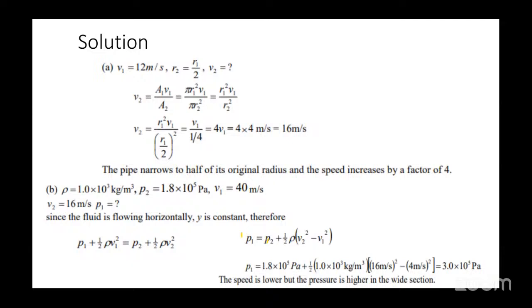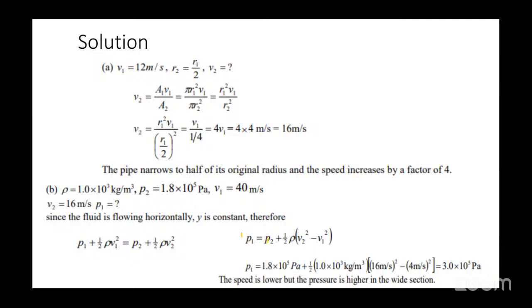So we use that expression. The pi cancels out, and then we write R2 in terms of R1. That gives us V2 is equal to R1 squared V1 over (R1 over 2) squared. So R1 cancels, and we are left with 1 over 1 over 4.